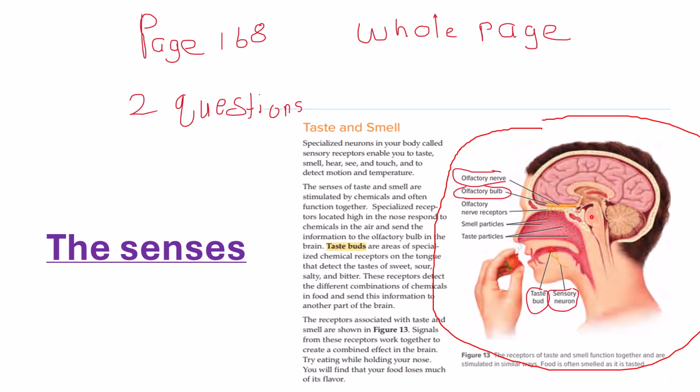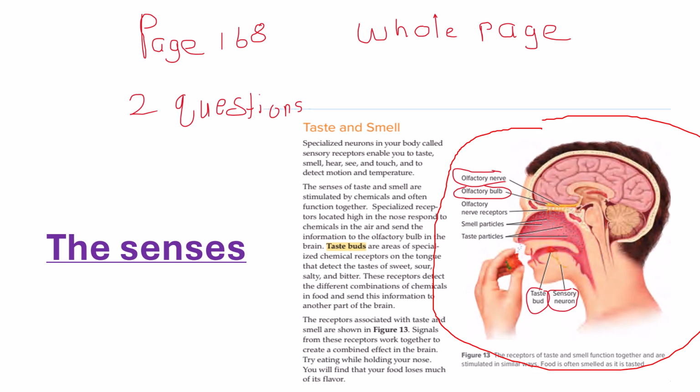In the same way with taste, the chemical signals go and give the signals, and taste buds are the receptors. The taste buds take the signals and give them to the brain. So in the mouth, for taste, it is taste buds, whereas in smell, it is olfactory nervous receptors.